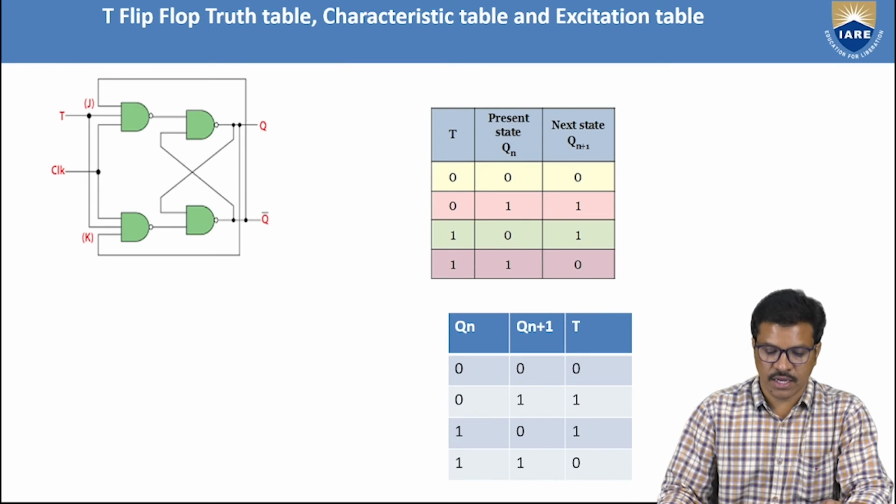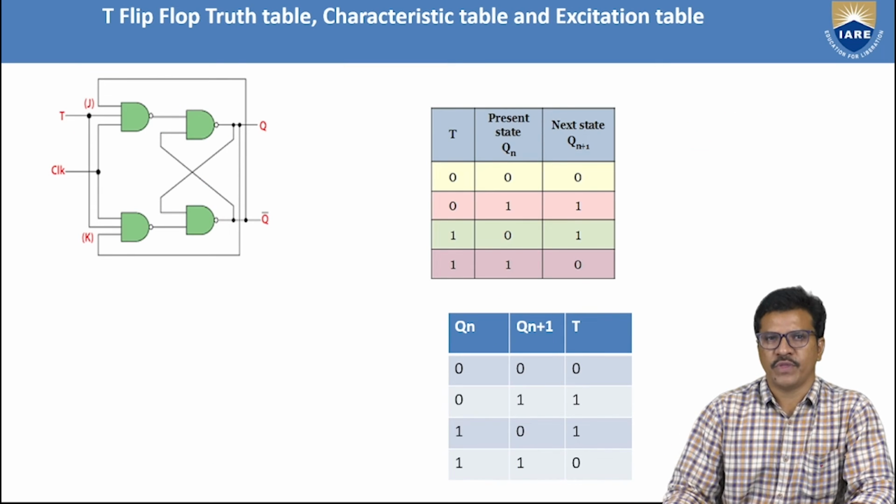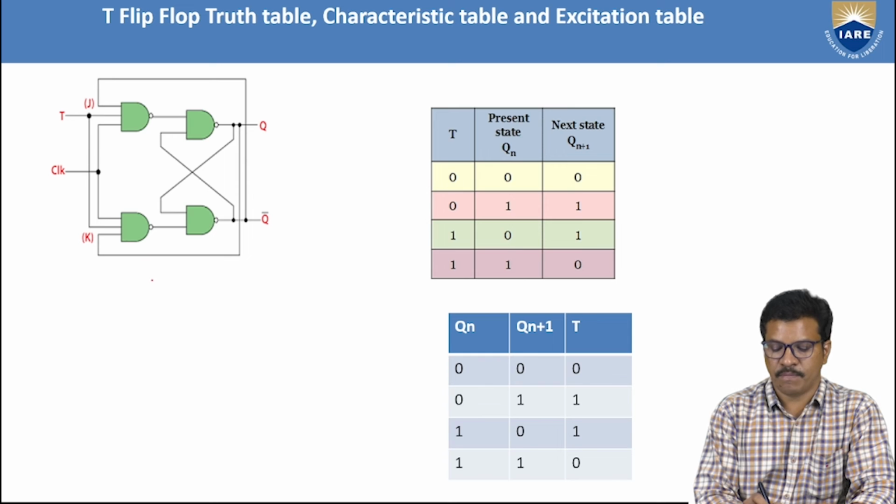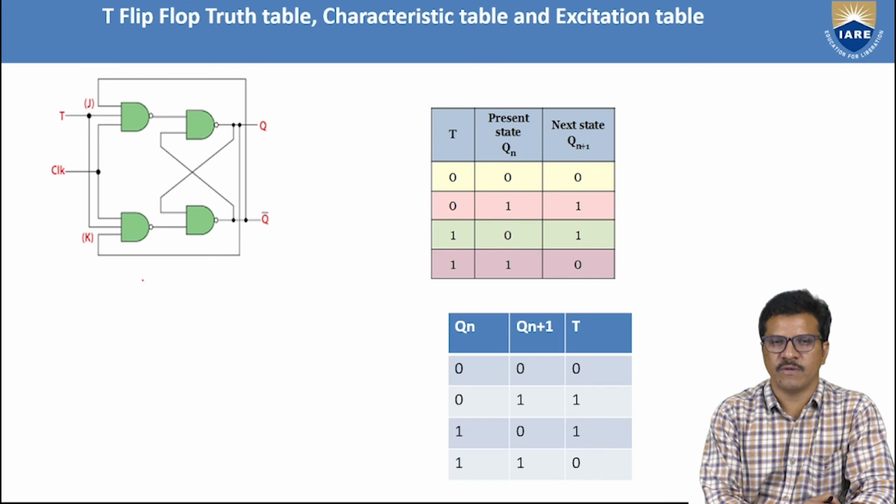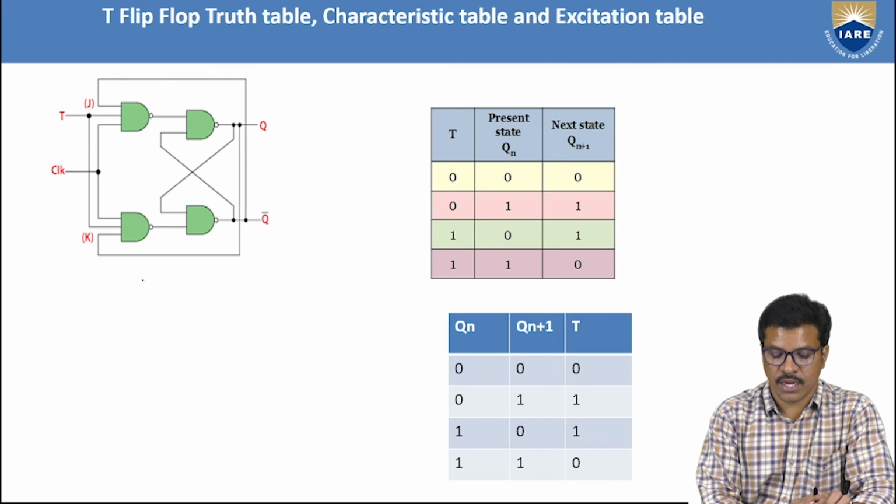Finally, we will see the T flip-flop. This is the T flip-flop. T flip-flop is simply the joining of J and K in the JK flip-flop to get two combinations of JK values. By giving T is equal to 0, which indirectly means J is equal to 0 and K is equal to 0. When T is equal to 1, J is equal to 1, K is equal to 1, which means the toggling case.